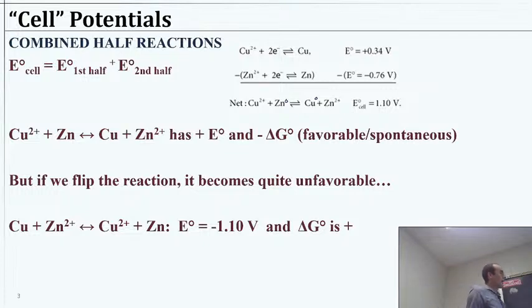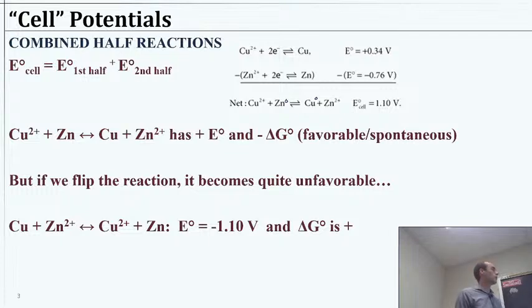So if we flip the reaction, the inverse will be true. Whereas for the copper 2 plus being reduced, thereby oxidizing zinc to the point where we have copper 0 valent and zinc in an oxidized form, zinc 2 plus, that one's favorable. But if we flip it so that we're taking copper and oxidizing copper and reducing zinc, that's harder to do.